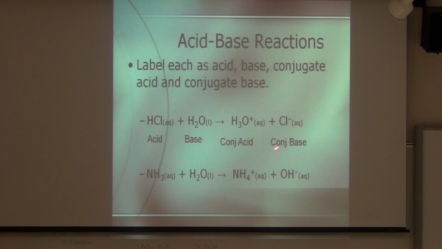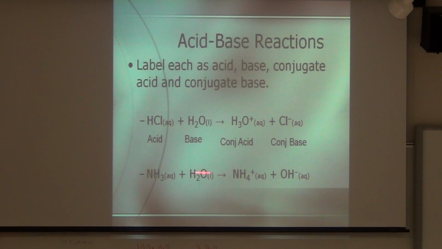The acid is going to become the conjugate base. The conjugate base, again, is what we have left over after we've lost the proton. So Cl minus has lost the H plus. H2O becomes H3O. And because that proton has positive charge, we also have the positive charge on the H3O.